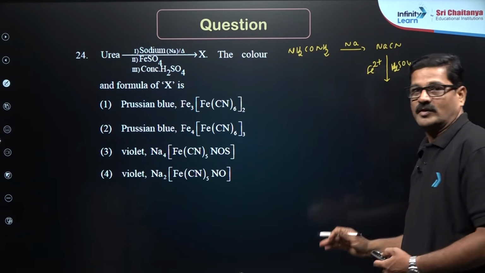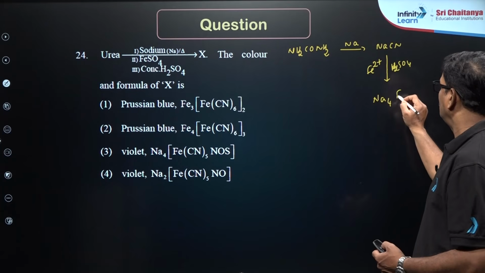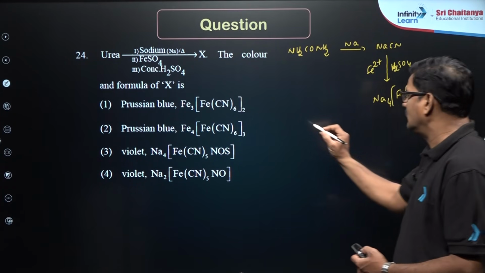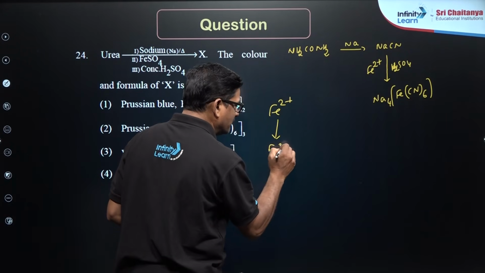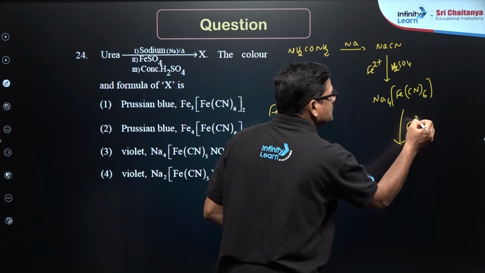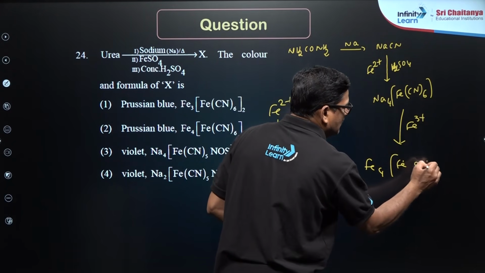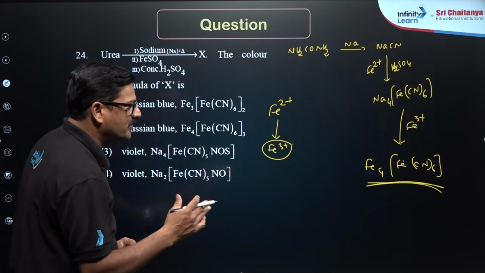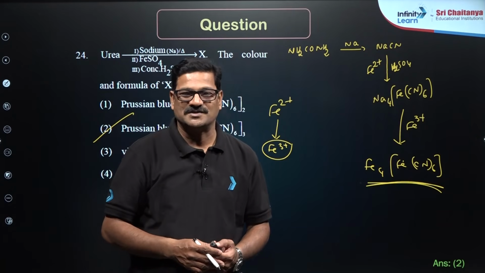So you are going to get Na4[Fe(CN)6], and a little bit of Fe2 plus is partially converted into Fe3 plus. This Fe3 plus is going to displace and become Fe4[Fe(CN)6]. So ferric ferrocyanide is going to be Prussian blue. Option 2 is the correct answer for this question.